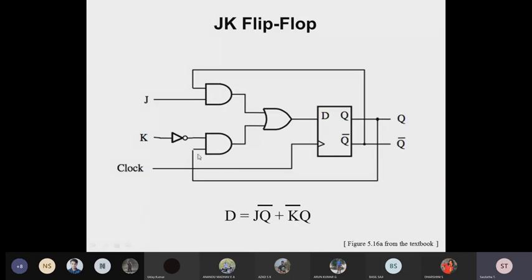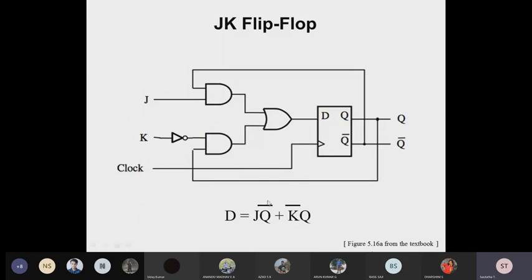But instead of connecting the input value from the output of the NOT gate, one has been connected directly and the other has been taken as an output of the NOT gate. That's the only difference between these two. Every other thing is the same, right? So here we are not considering the output of the NOT gates.